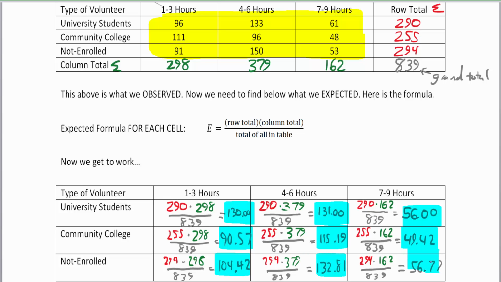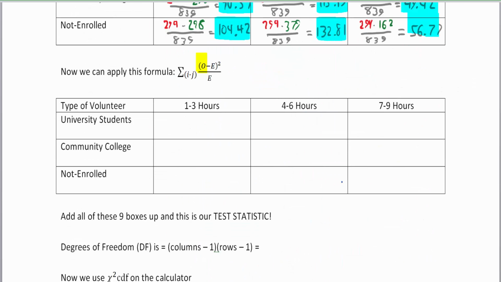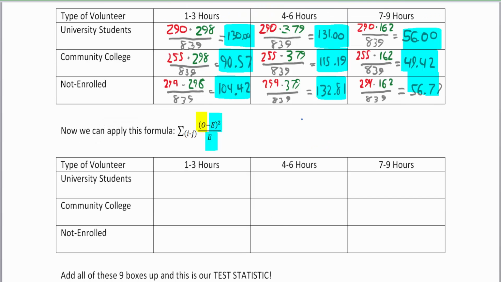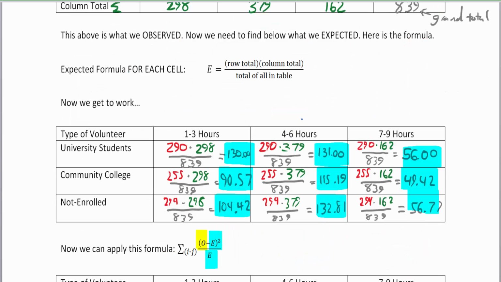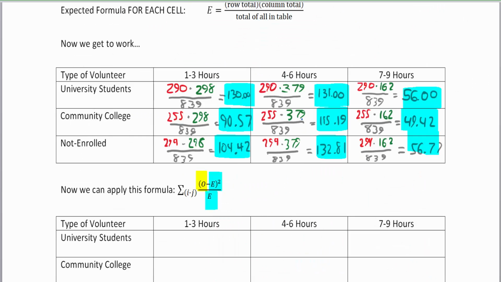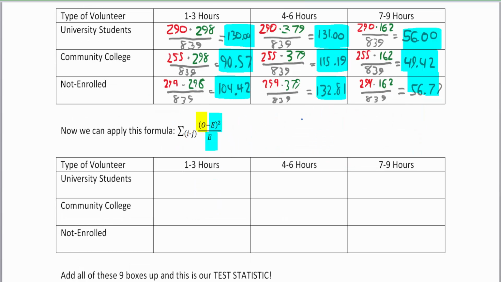Okay? So now I have my yellow observed, my blue expected, and again I'm going to keep that color coding consistent. So now I take my yellow value up here, the 96, subtract my 130, square it, and divide by 130.